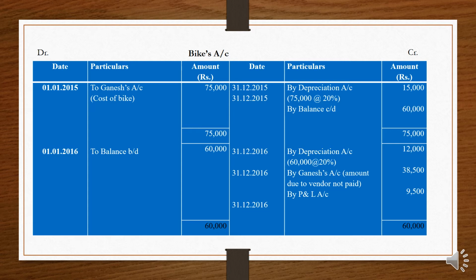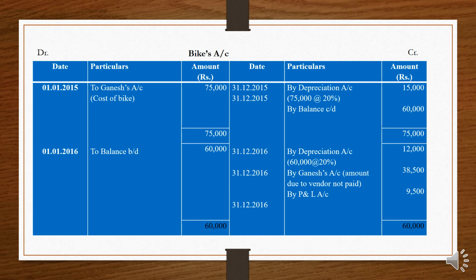Here Ganesh is the hire seller. So on 1/1/2015, to Ganesh account with the cost of bike 75,000. At the end of the year we charge depreciation on 75,000 at the rate of 20%, which comes to 15,000. On the same date we have a debit balance of rupees 60,000, so balance carried down 60,000. This is brought down to the next year on 1/1/2016, to balance brought down 60,000.